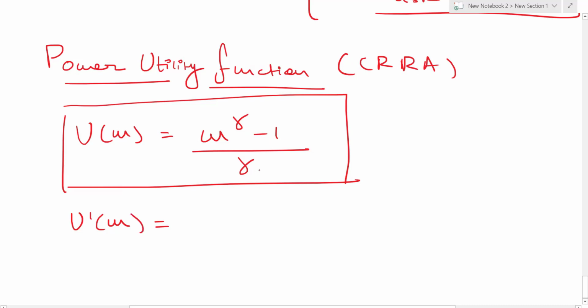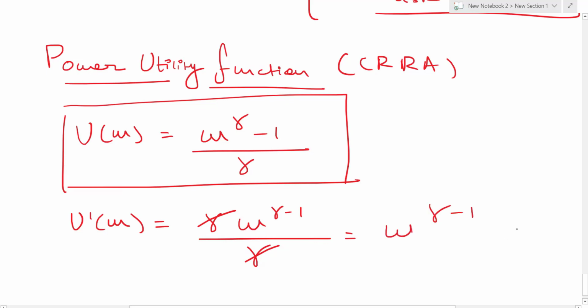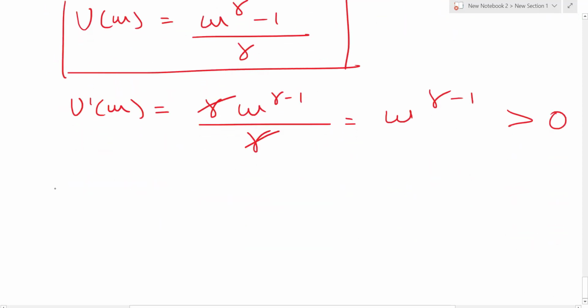If you take a derivative, it just becomes gamma W to the power of gamma minus 1, divided by gamma, and gamma will cancel out. It just becomes W to the power of gamma minus 1. And this will always be positive because W is positive, so there is no problem with this.